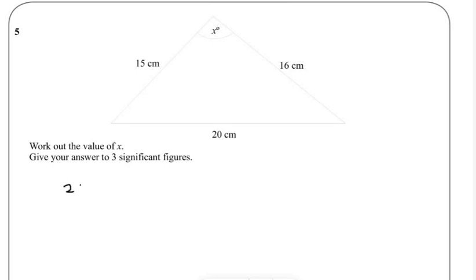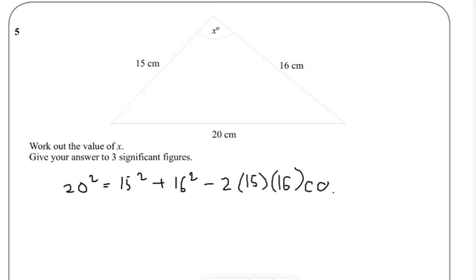So we would need to do 20 squared is equal to 15 squared plus 16 squared minus 2 times 15 times 16 cos of angle x.